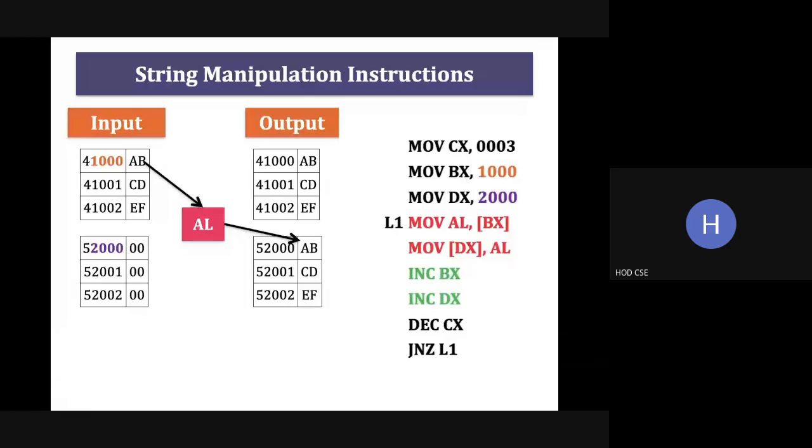Suppose you want to transfer data from one memory location to another memory location, for example from 41000, I am going to transfer the data to 52000. The data in that source address is transferred to the AL register, which is the accumulator, and then that data is transferred to the destination location.